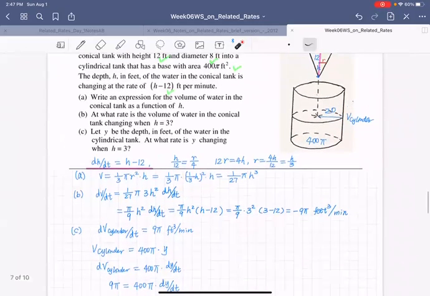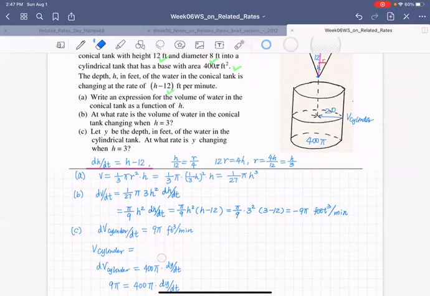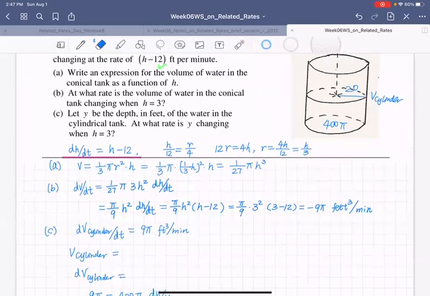Can we write down the volume to calculate this cylinder? It's how much? Base times height, yes?